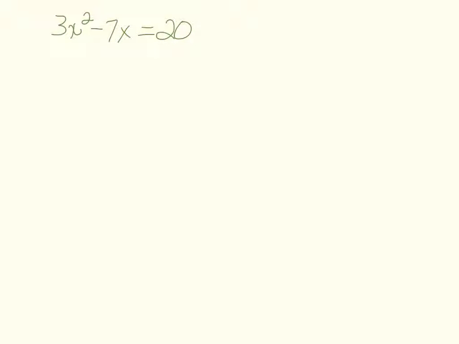How about we subtract 20 from both sides? So I have 3x squared minus 7x minus 20, and that's going to be equal to 0.